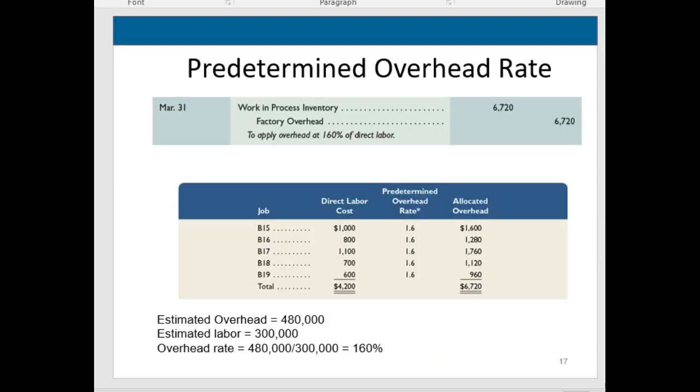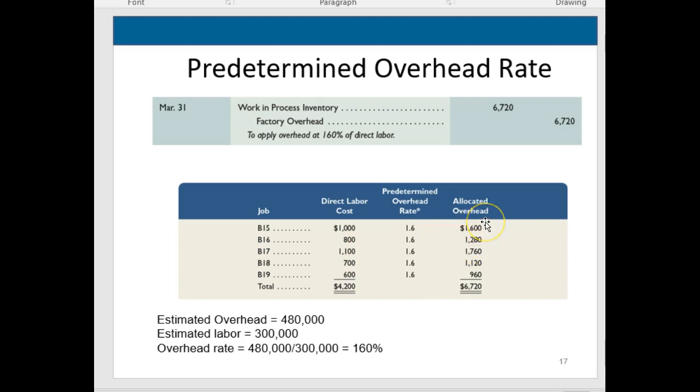So now, if you look at this, direct labor cost for job B15 was $1,000. I'm going to multiply that times 1.6 and come up with an applied or allocated overhead of 1,600. I'll do the same thing with job 16, $800 times 1.6, and that becomes 1,280.